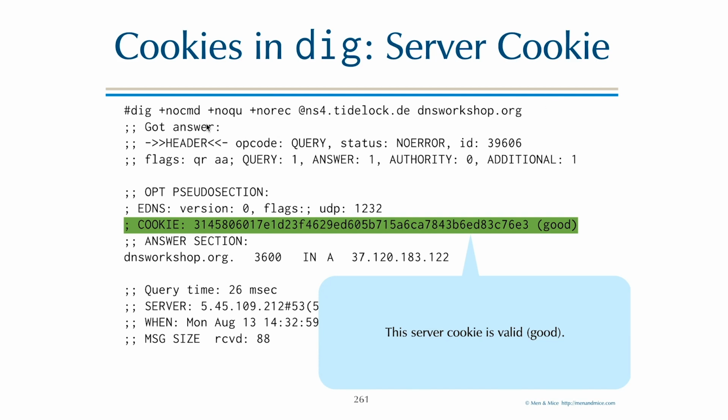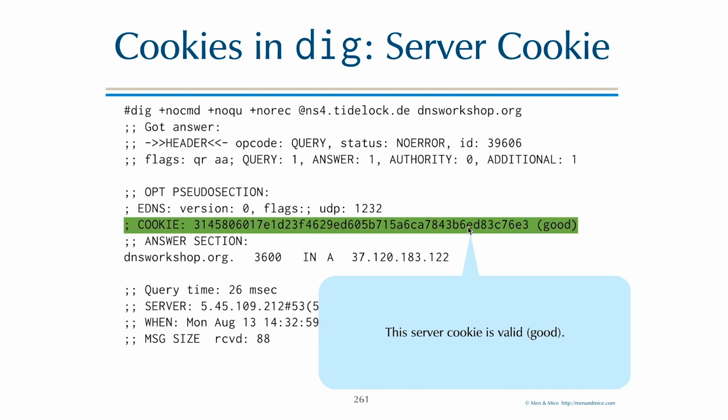Great. We get a response, and that response in the additional section includes an EDNS OPT record, and that has a cookie option. And this cookie is a server cookie based on the client's IP, based on the client's cookie, and based on the server's secret.